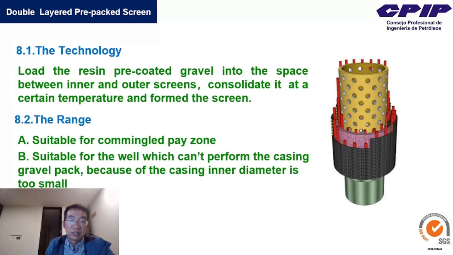The range is suitable for commingled pay-zone. Suitable for wells which can't perform the casing gravel pack because the casing inner diameter is too small.